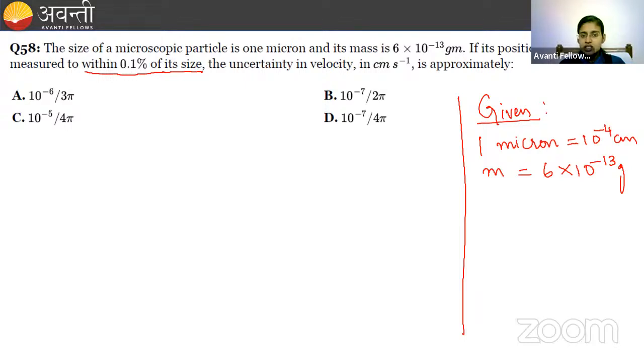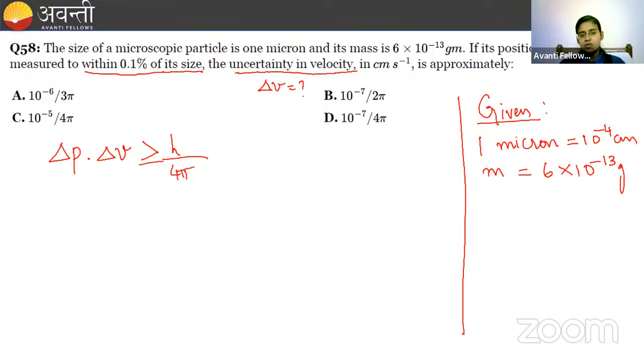So we are asked to calculate the uncertainty in velocity, which is delta V. This question is basically from Heisenberg's uncertainty principle. The mathematical representation is delta P into delta X is greater than or equal to h by 4 pi. This is the formula, right?